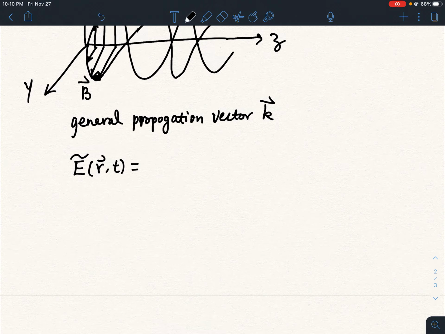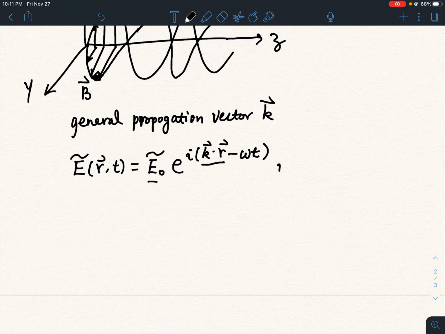Okay, so now once we have that, we can write down the wave equation. We write down the vector for the E, which is really just E0, which can be a complex number, times e^(i(k·r − ωt)). If k is just along the z direction, k·r just becomes kz. But if k is in any direction, then the wave should be written as k·r minus omega t.